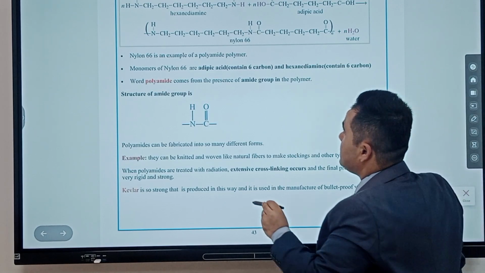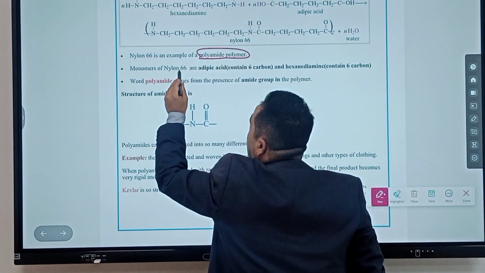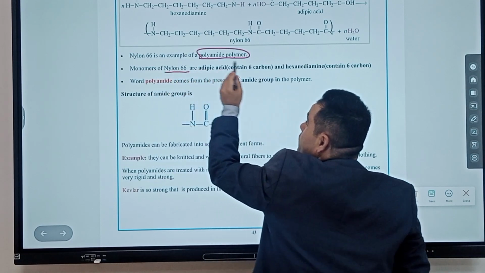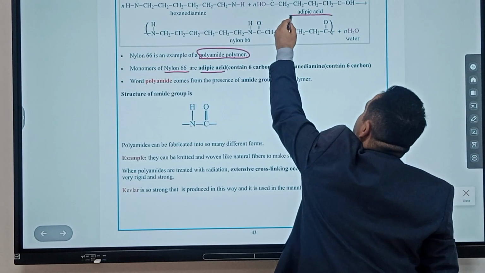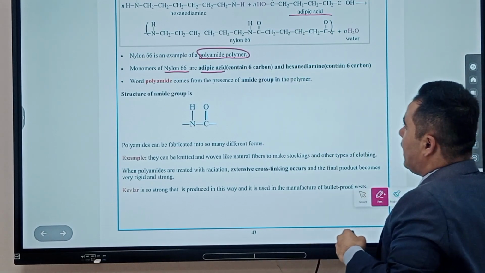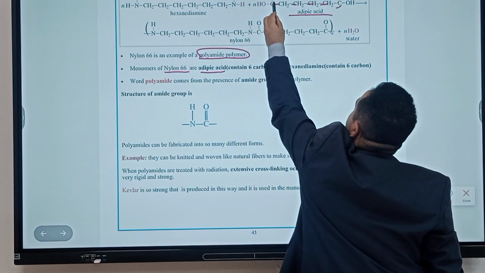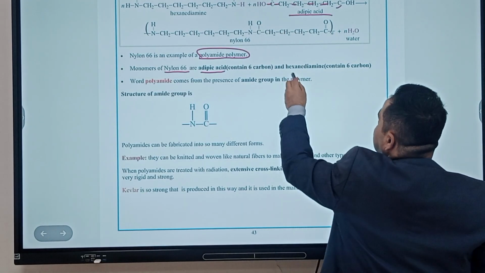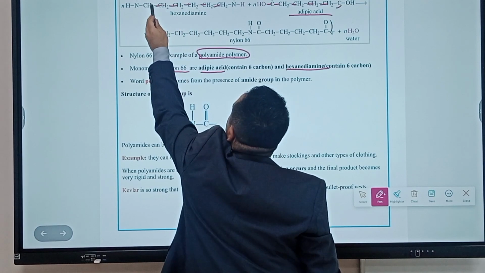Guys, nylon 66 is an example of a polyamide polymer, and the monomers of nylon 66 are adipic acid, which contains 6 carbons, 1, 2, 3, 4, 5, 6, and hexane diamine, which contains 6 carbons as well, 1, 2, 3, 4, 5, 6.